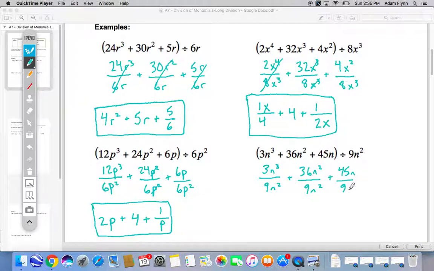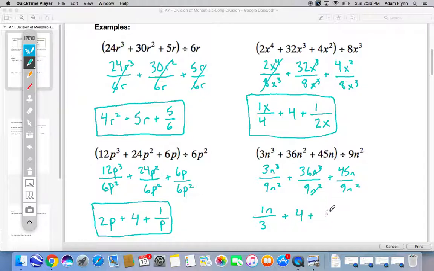So when I simplify, I have 3 divided by 9, which in its simplest form is 1 over 3. I have n cubed up top and n squared in my denominator, so 3 minus 2 is 1, so my n will stay in the numerator, plus 36 divided by 9, which is 4, and n squared divided by n squared, they cancel, so no variable there.